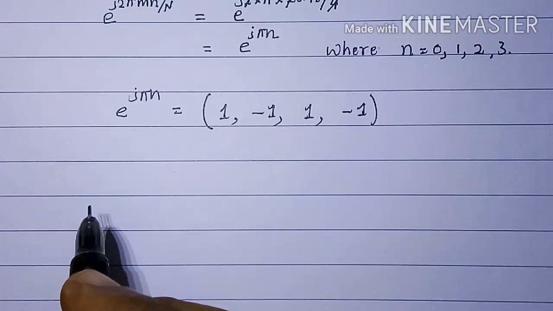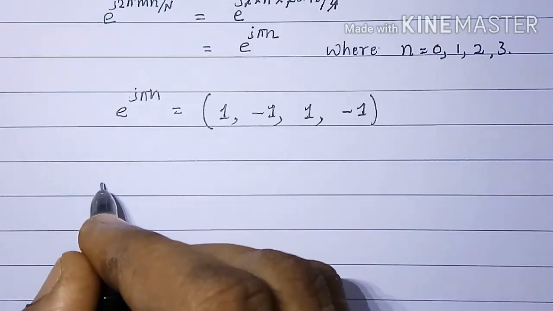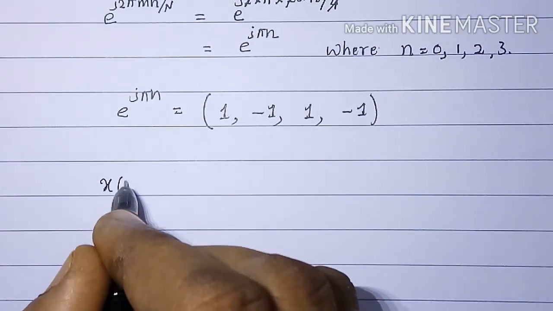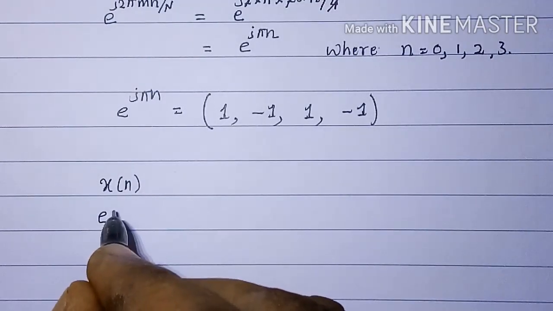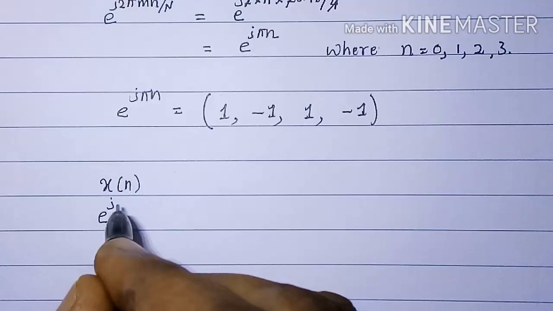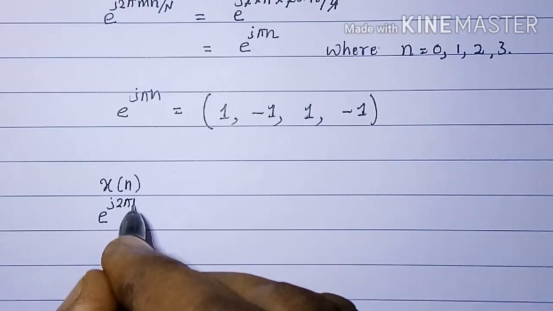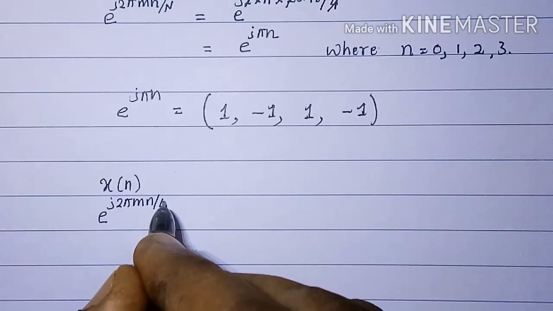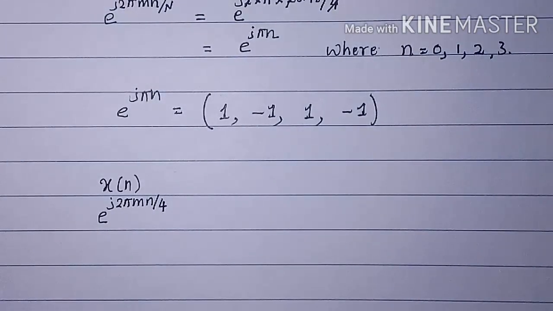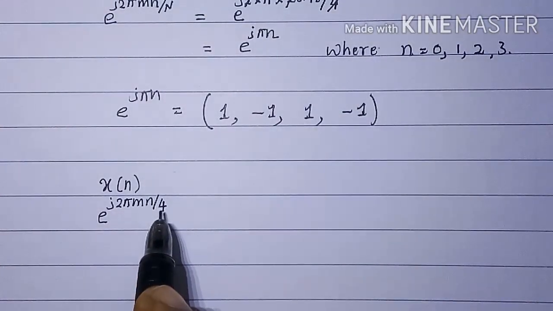Now we will calculate x of n into e raised to j2 pi mn by capital N or 4, because capital N is equal to 4.